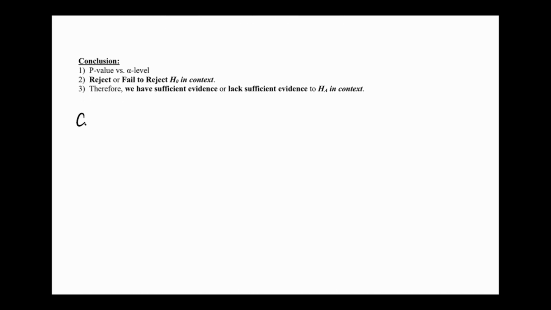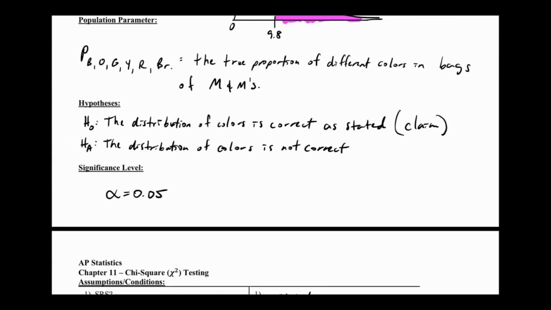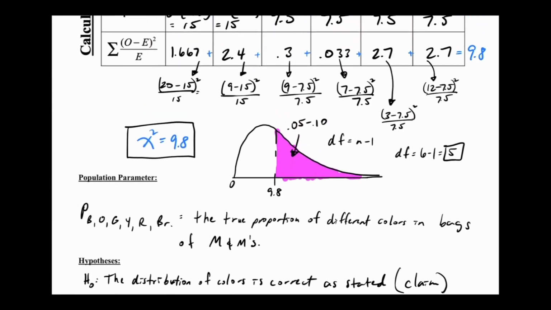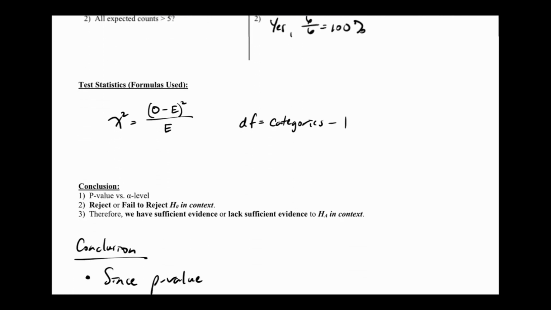Okay, so conclusion, it's the same 3 things. The first thing is p-value. Since p-value, let's go back up here, p-value for this one was right here. That was the p-value between 5 and 10%. Okay, bigger than 5, less than 10.